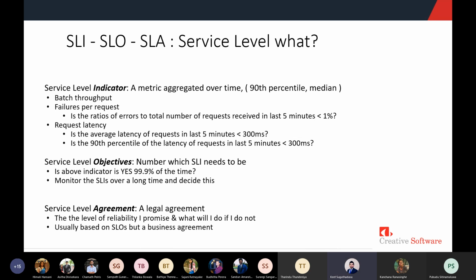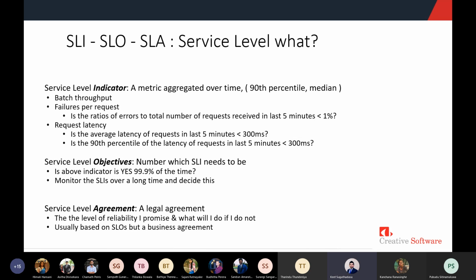So any system has these concepts. So it's always important, if you're an SRE or even if you're not an SRE, to identify these numbers and keywords. And then we jump into the concept called service level agreements. This is where the legal binding comes. So you sign an agreement with the customer saying, we are willing to provide you a better service where our request latencies are less than 1 second for 99.9% of the time.